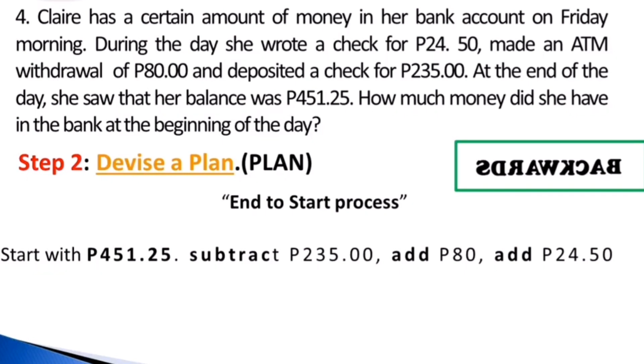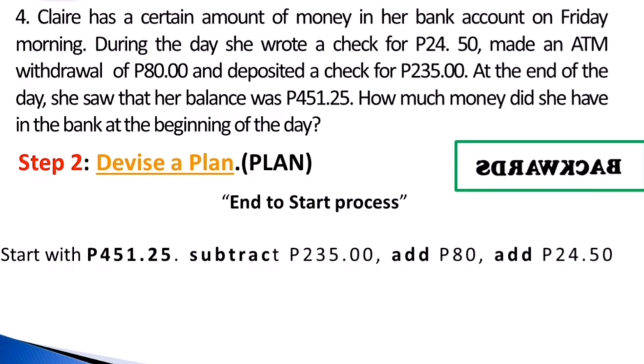Then we're going to subtract 235 pesos because in reality, she made a deposit of a check for 235 pesos. But in working backward, instead of adding it, it becomes subtracting or deducting it. That is the opposite work when we have the backward process.